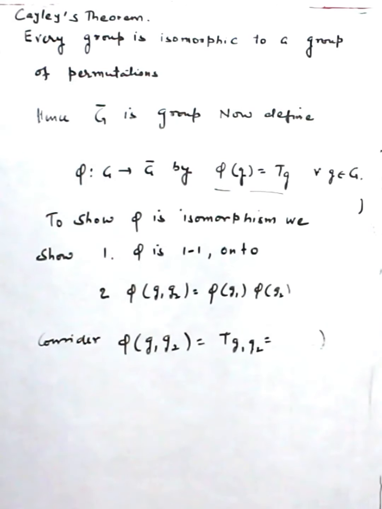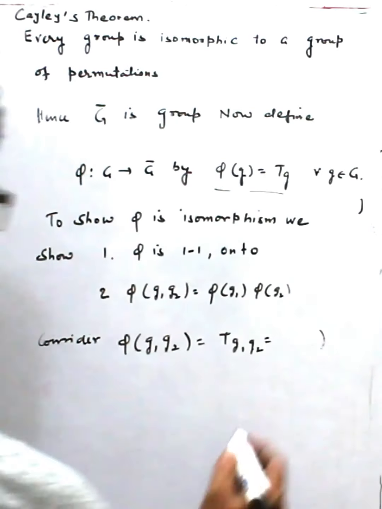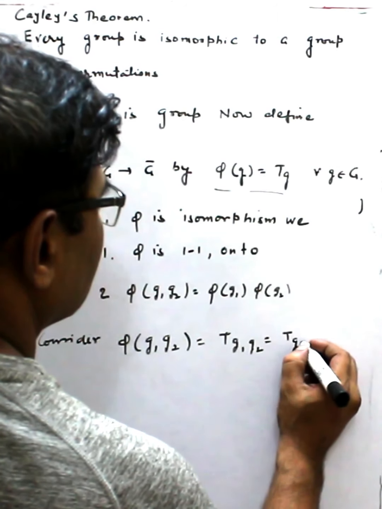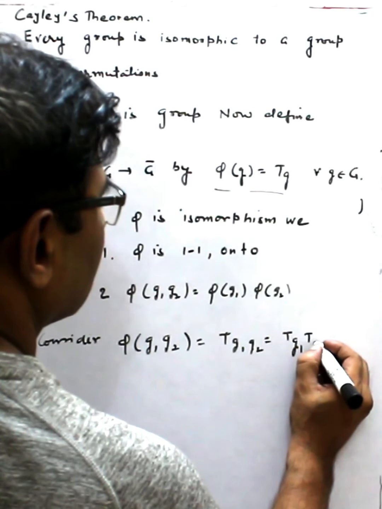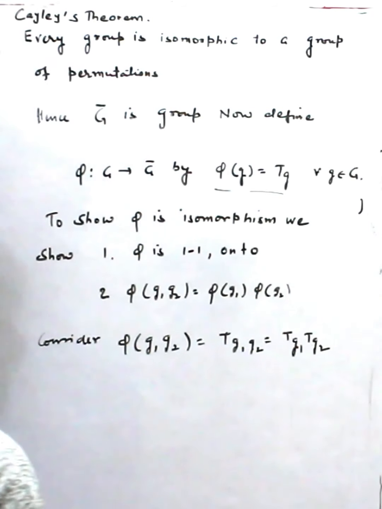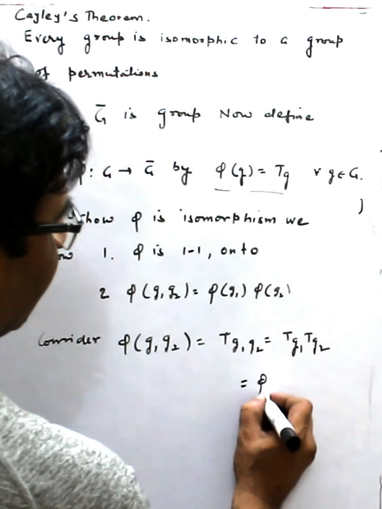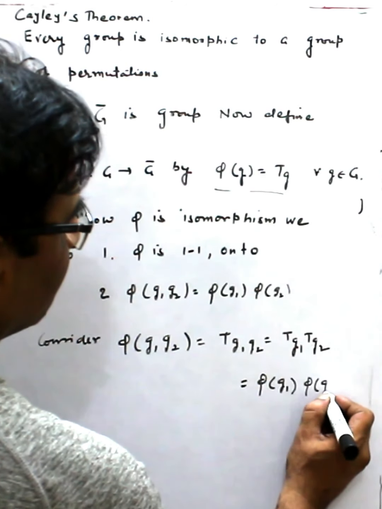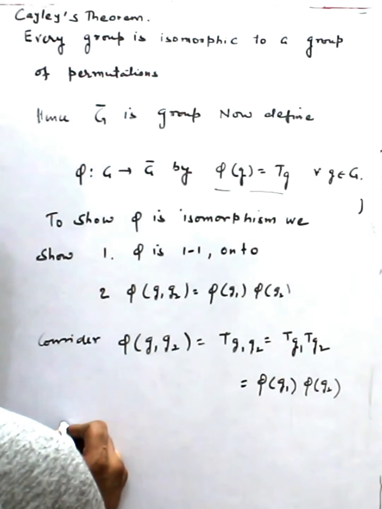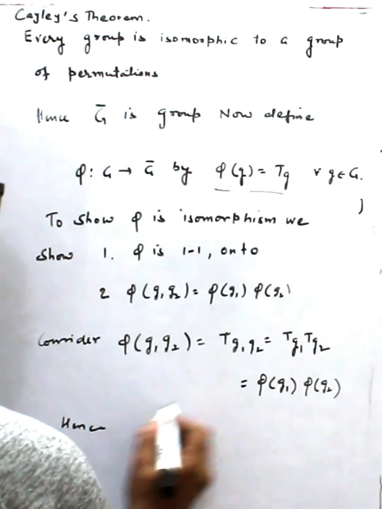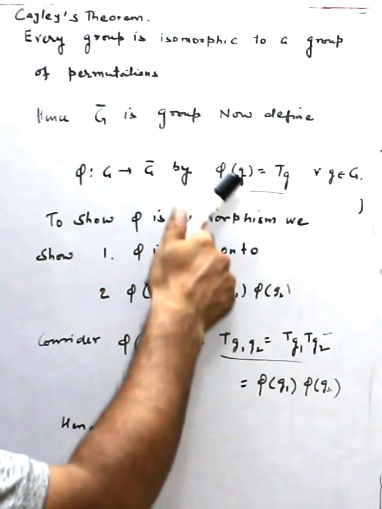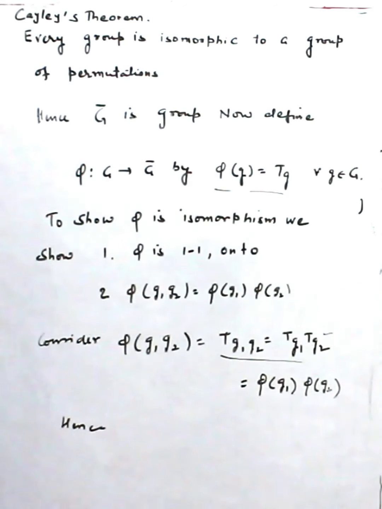This we can separate, this we can write Tg1 Tg2, and this I can write phi(g1) phi(g2). From where this part, this is the closure property of the elements of G bar, already we have shown.